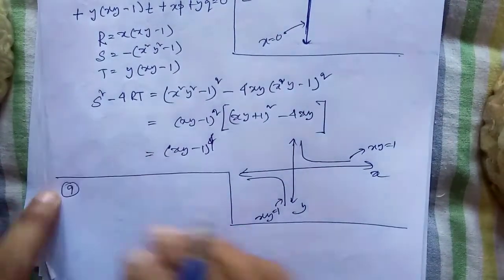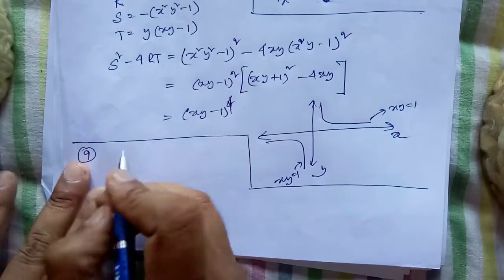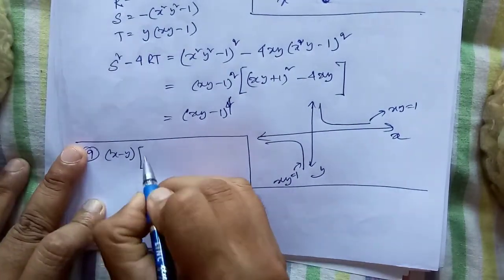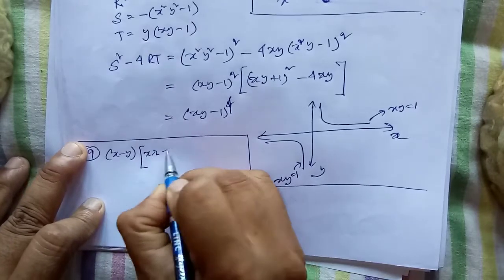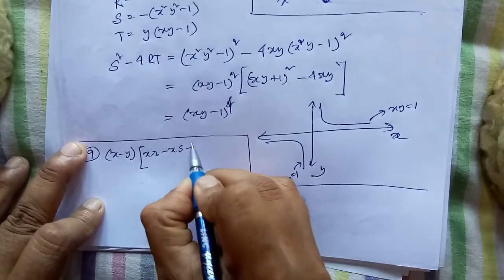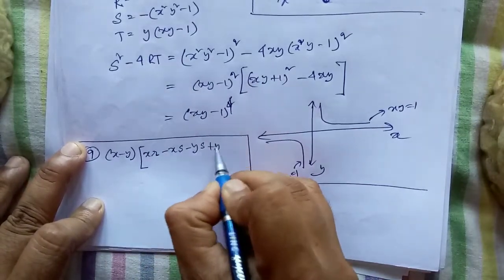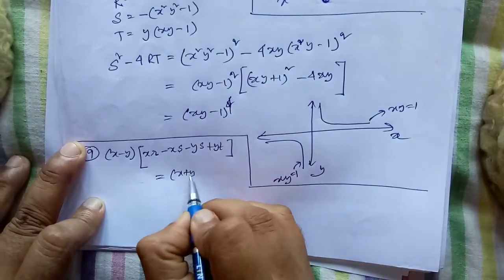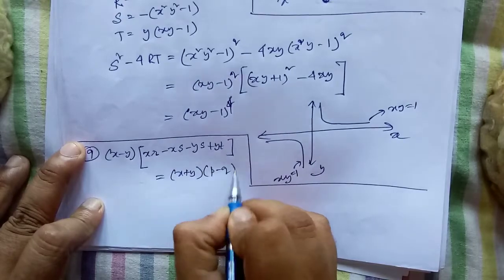Now the ninth problem: (x minus y) multiplied with xr minus (x plus y)s plus yt is equal to (x plus y)(p minus q).